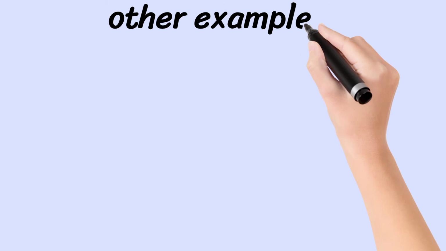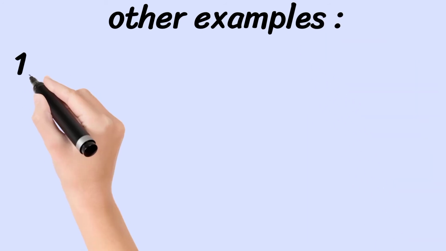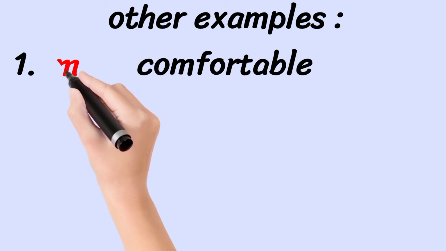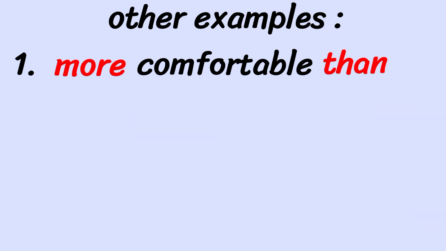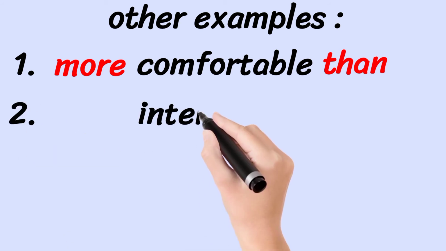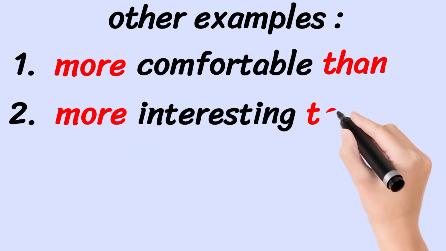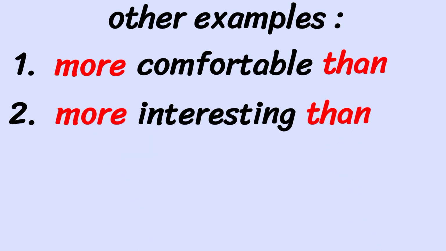Here are some other examples. First, comfortable, selesa. More comfortable than, lebih selesa daripada. We add more in front of the adjective. Second, is interesting, menarik. More interesting than, lebih menarik daripada.